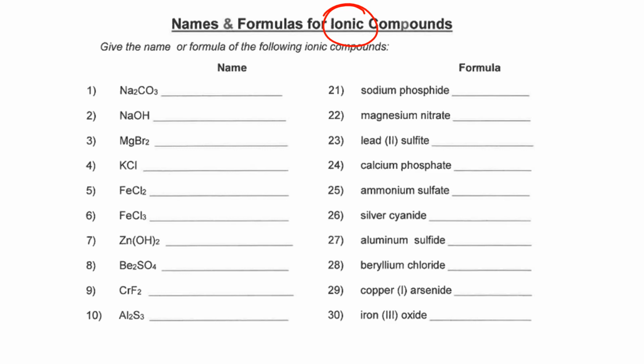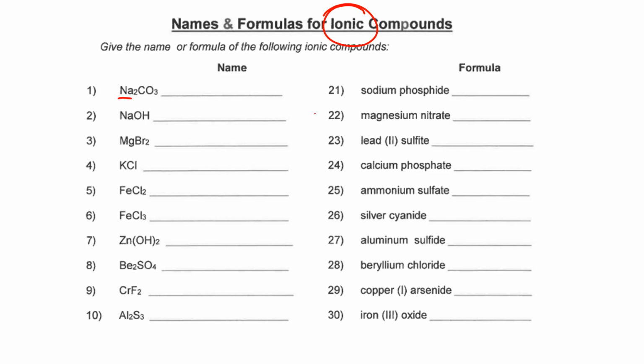So, based off of our rules that we got in the notes yesterday, where do I start naming this one? What's the first thing that I need to look at? I need to look at the first thing in it, which is Na. This is also what tells me that it's ionic, because sodium's a metal.